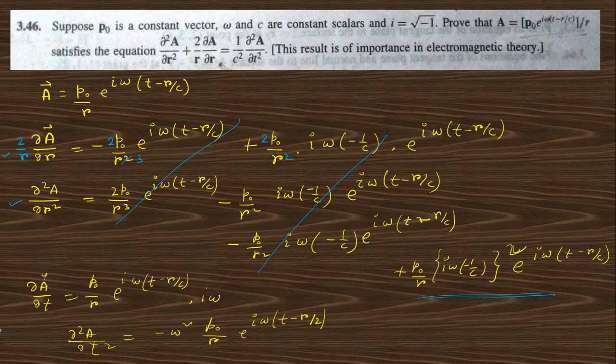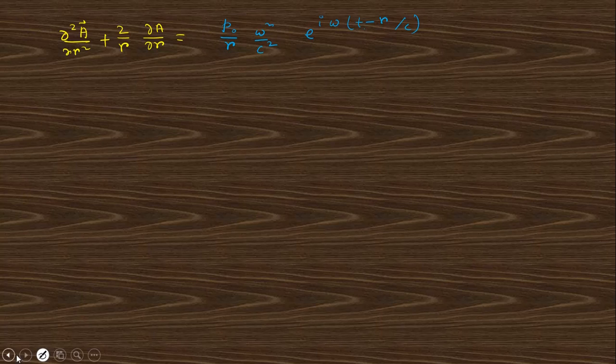No, i square omega square is minus 1, that is correct. So this can be written as p0 by r e to the power i omega (t minus r by c), which is nothing but the A vector.